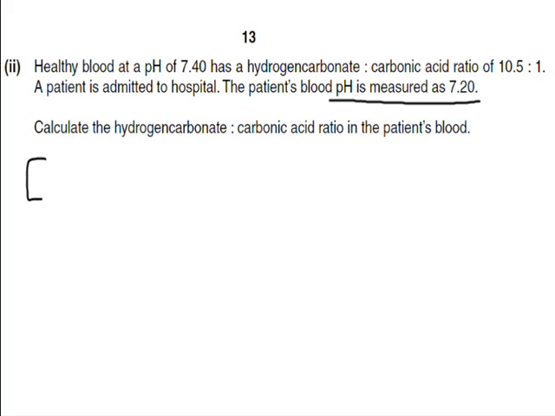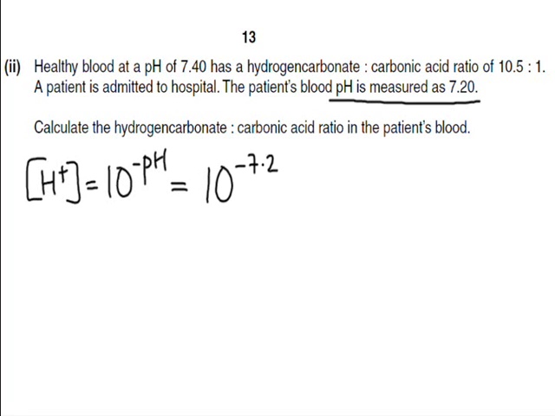The hydrogen ion concentration is equal to 10 to the minus pH, which is 10 to the minus 7.20, which comes to a grand total of 6.31 times 10 to the minus 8. Again, that is a very similar value to the one you got for the healthy blood, so you shouldn't be surprised.